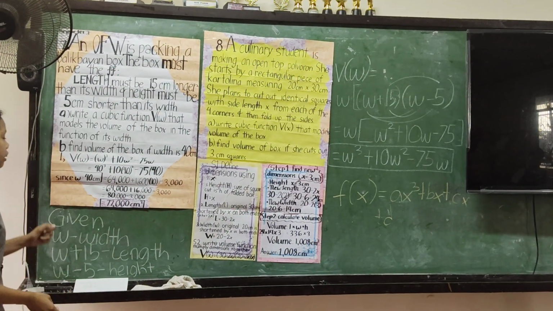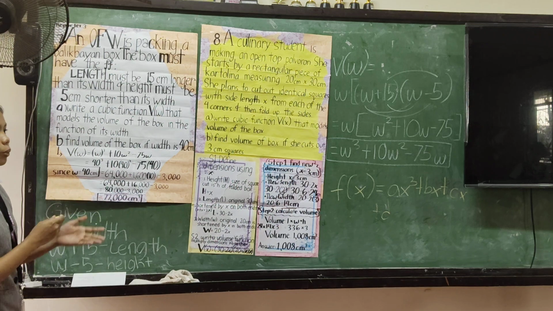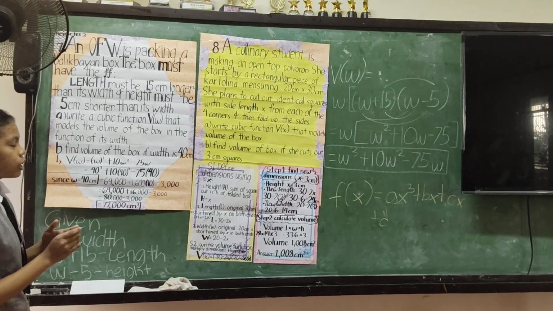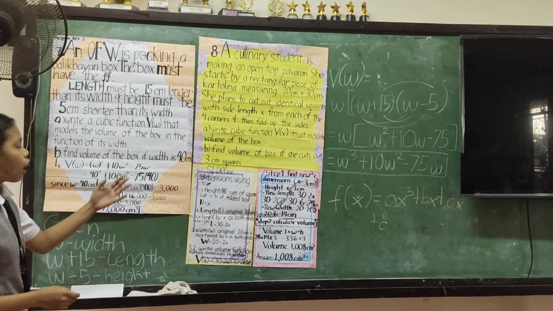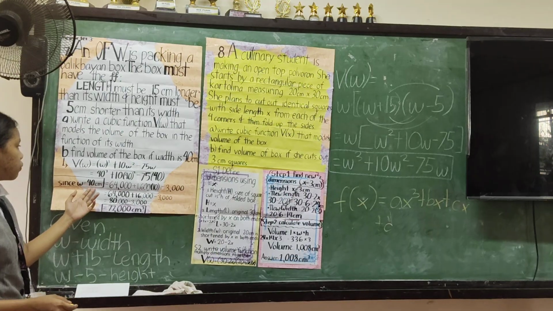Okay, our next task: find the volume of the box if its width is 40. What we have to do is just substitute our width as 40 centimeters.